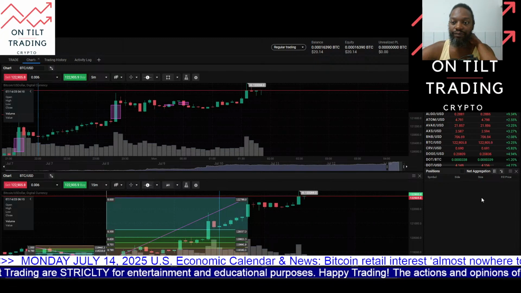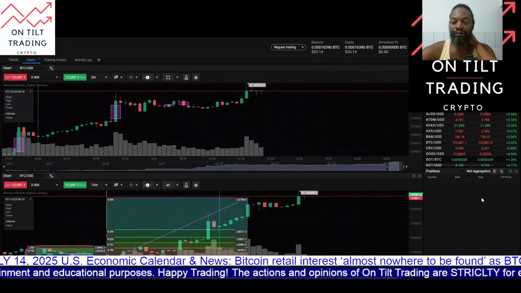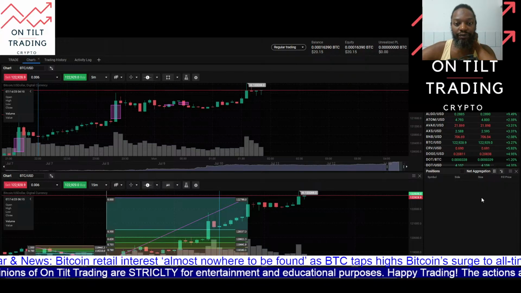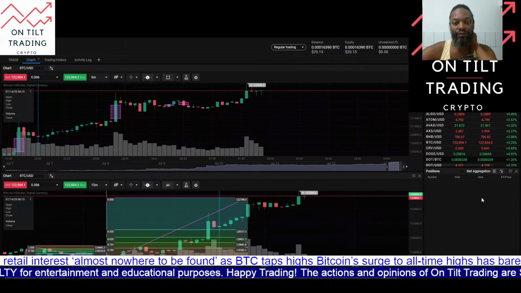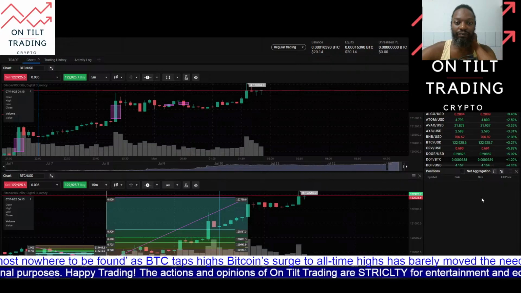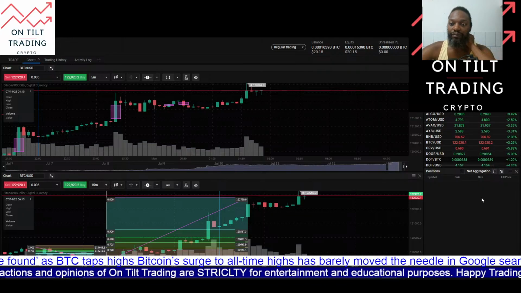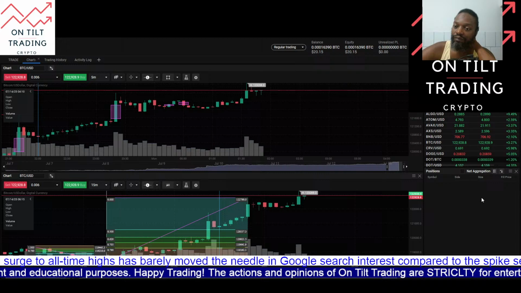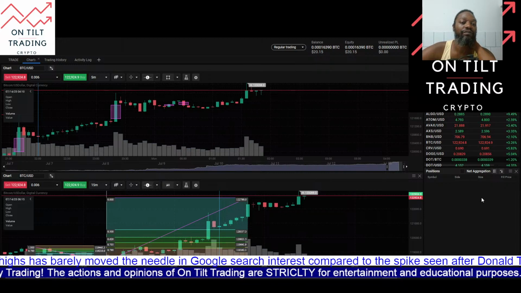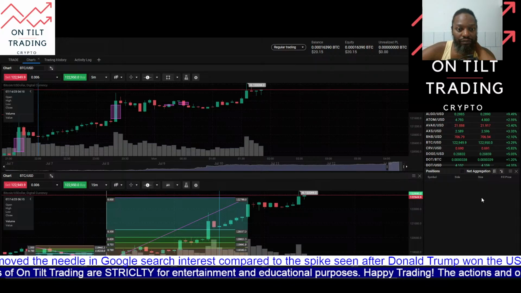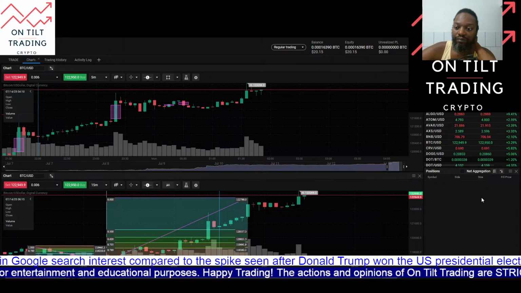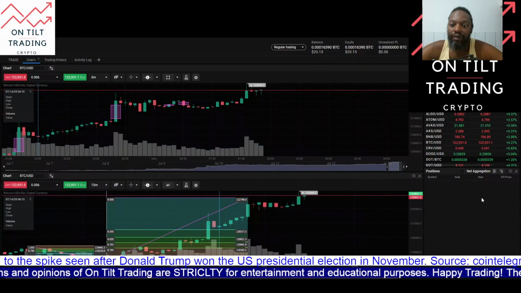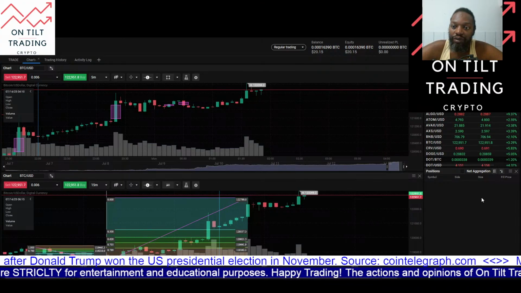122,920. 122,900. 122,920. Price consolidating here. Buy side delivery with consolidation here, 122,950.